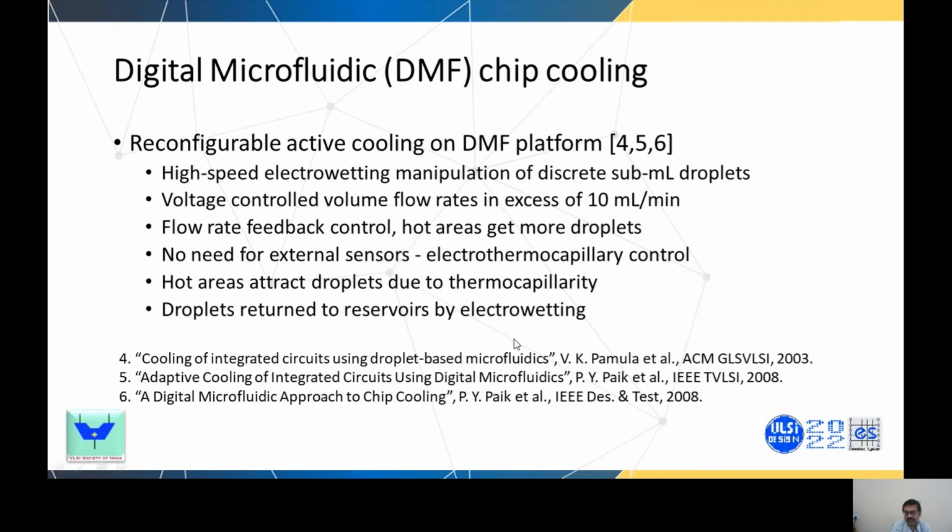But for this method, we have to heat the surface of the processor or the IC to a particular temperature to attract the droplets. As the temperature increases, the speed of the droplets attracted to the hot areas increases.